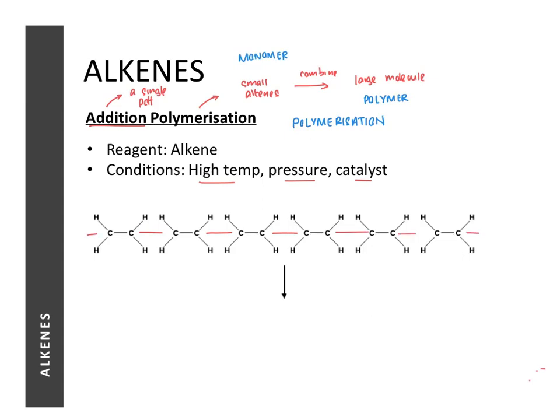So this representation is only part, not the whole. What happens when each carbon atom bonds to the one beside it is that you will get one continuous chain of carbon atoms with no more carbon-carbon double bond in it. So essentially, in addition polymerization, when you add alkenes to another alkene, the product that you get is a giant alkane.